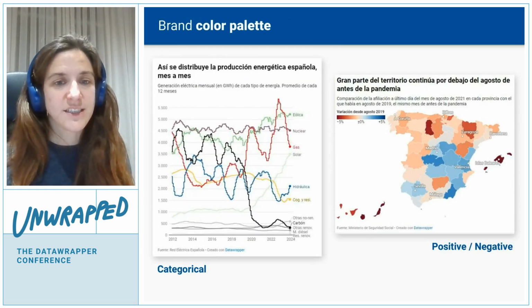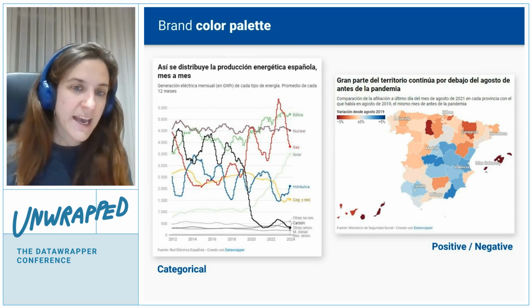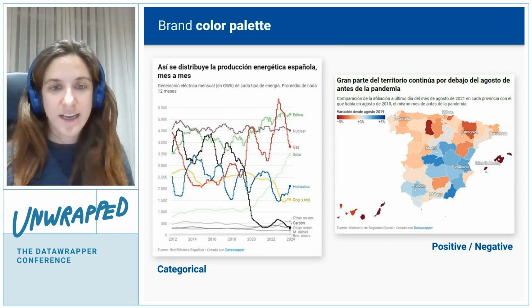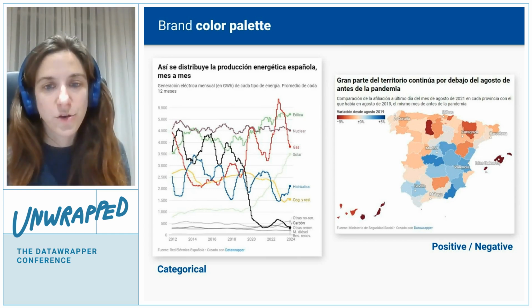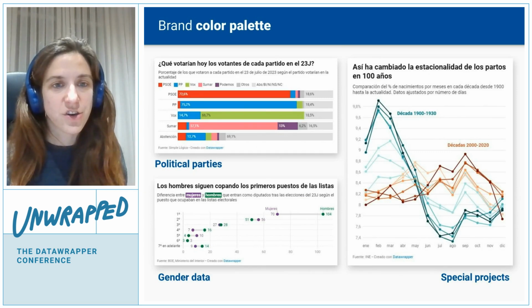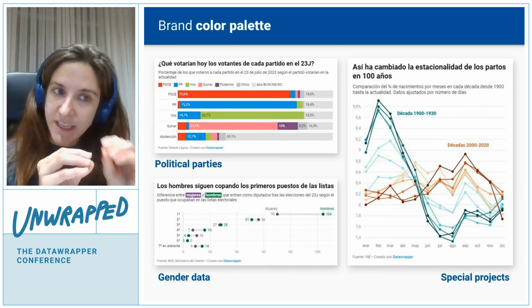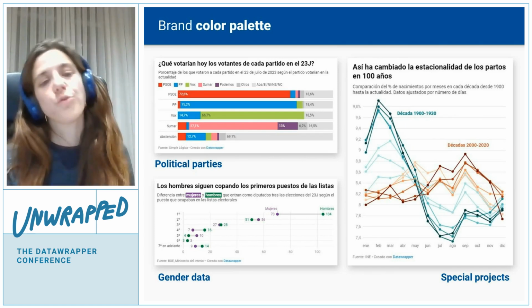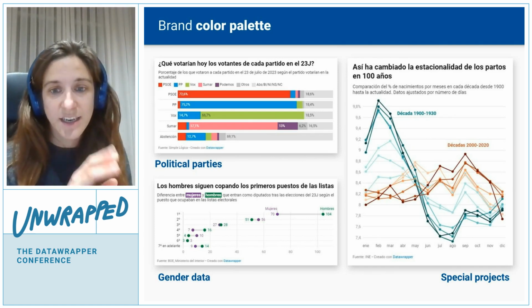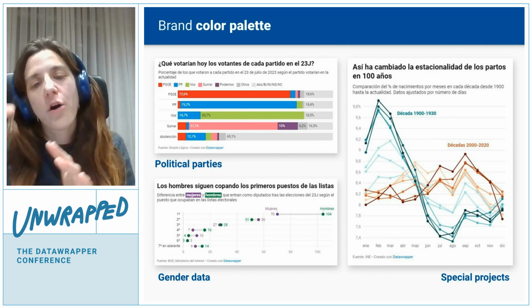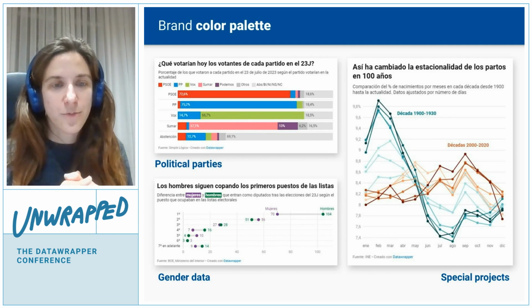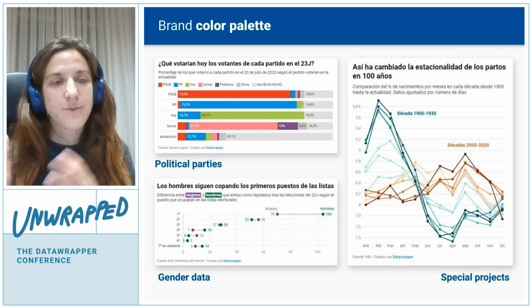Also, we've taken decisions about colors. We have a color palette of our own categorical colors, what to use when it's a positive, negative relation. We have colors for political parties. We have colors for gender. And we also have some other color palettes that we use only in special projects.